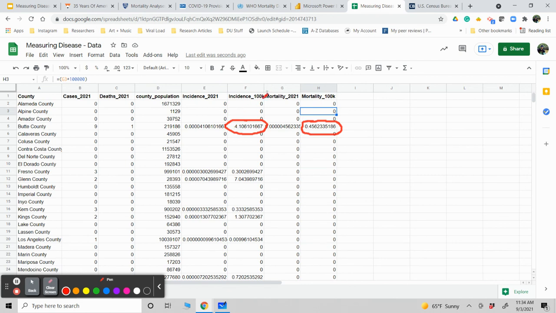And because we've included population in the equation, we can compare these numbers across counties. Even though each county has a different size population, as you can see here, LA has way more people than Lake County. If we use incidence rate or mortality rate, we can make that fair comparison.